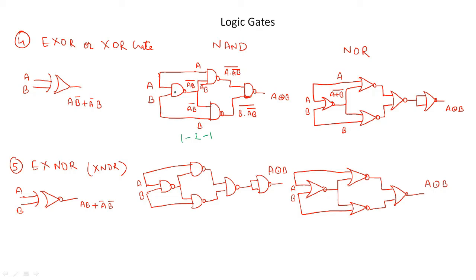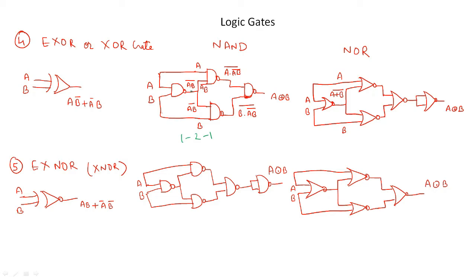First we will have one NAND gate, then two NAND gates and then one NAND gate. So it is also called a 1-2-1 system, and you will see here that we will have the same output as in the exclusive OR gate. So it is the first NAND gate and it has the two inputs A and B. So the output of this NAND gate will be AB whole bar.